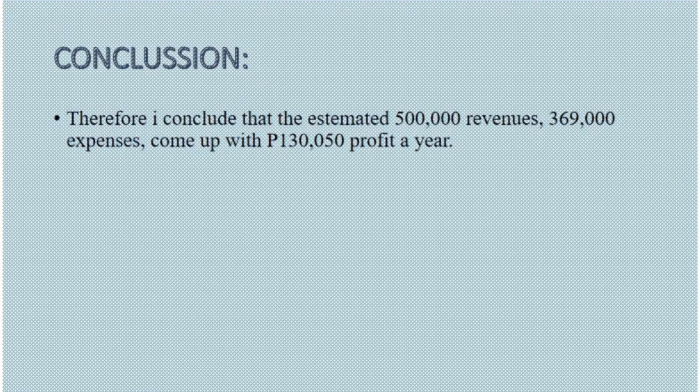Now, this is my overall conclusion. Therefore, I conclude that the estimated 500,000 revenues, 369,000 expenses come up with 130,050 pesos profit a year. So it's not bad, still earning a big income in 1 year.